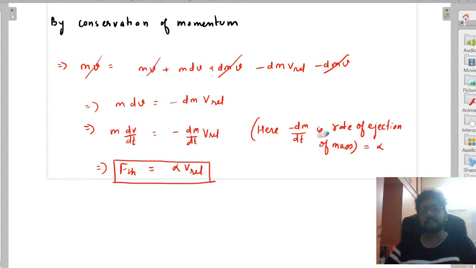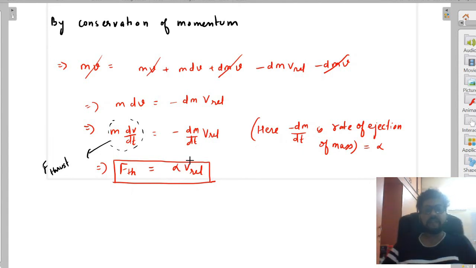Minus dm by dt is the rate of ejection of mass, that is alpha. So this m dv by dt is called F thrust. This m is not a constant mass, this is a variable mass. So this is called F thrust, and it is equal to minus dm by dt, which is alpha, times v relative.